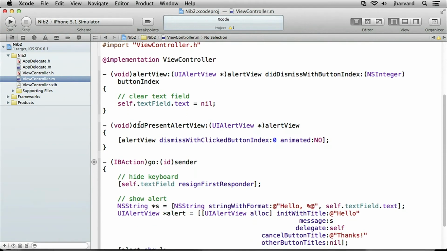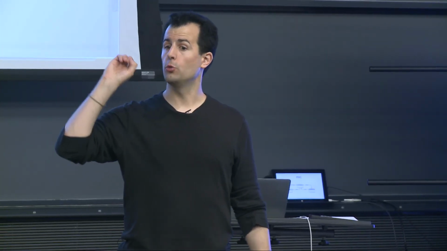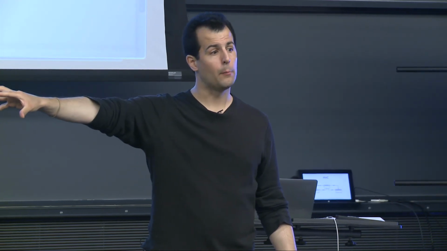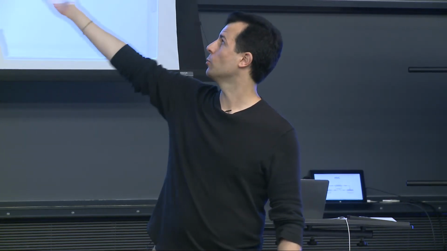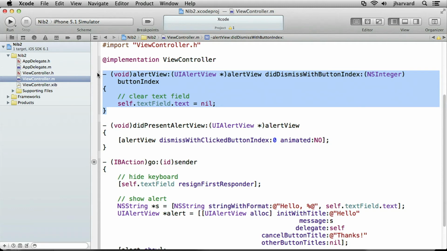So what did I do here? Interesting. So alertView:didDismissWithButtonIndex:. What did I decide to do? My comment is kind of spoiling the fun here, but when that UIAlertView sends this message to my ViewController object, I'm executing one line of code, which apparently does what? Clears the text field. How do I do that? I can simply set the property called text that's associated with my text field to nil.